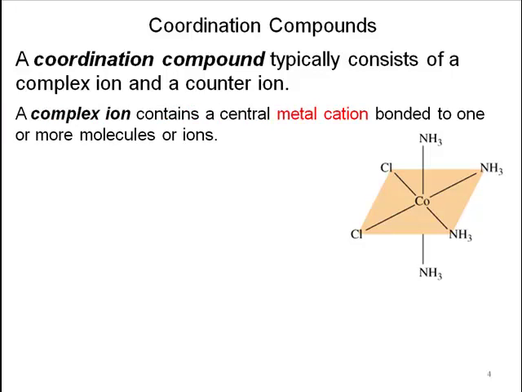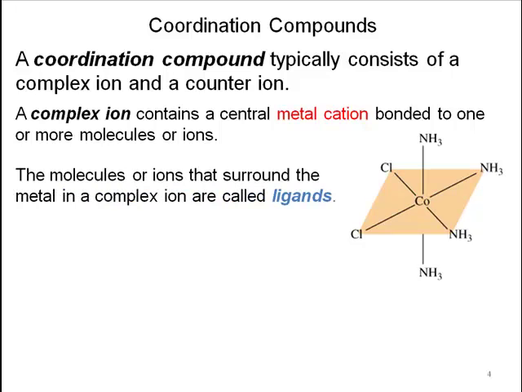So in this case, would the cobalt be the counter ion? Cobalt is the metal ion bonded to 1 or more of the ions. So this here, let's see if I can clarify what that would be. The ligands are on the outside. So this whole thing is the complex ion, and then the counter ion would be something that goes with this.